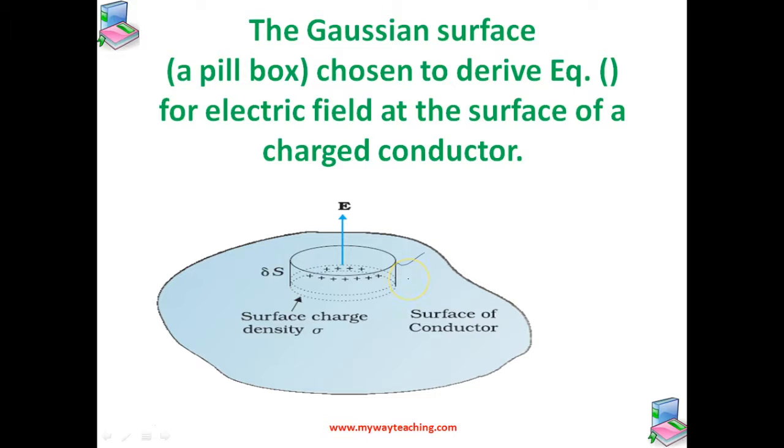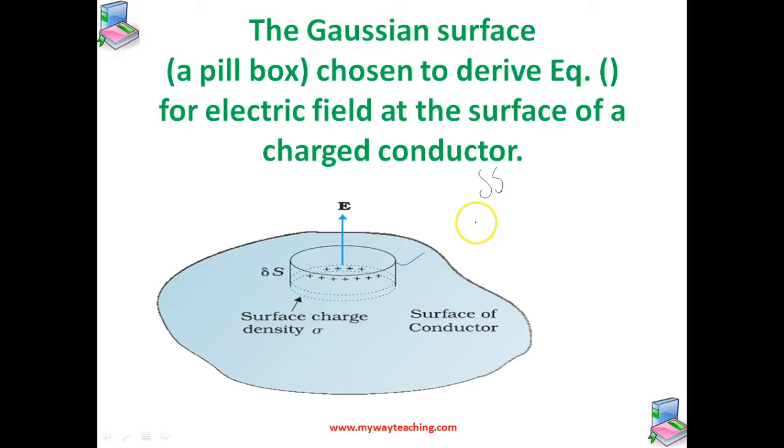The pillbox is partly inside and partly outside the conductor, and it has a small area of cross section given by delta S, and negligible height. Just inside the surface, the electrostatic field is 0.